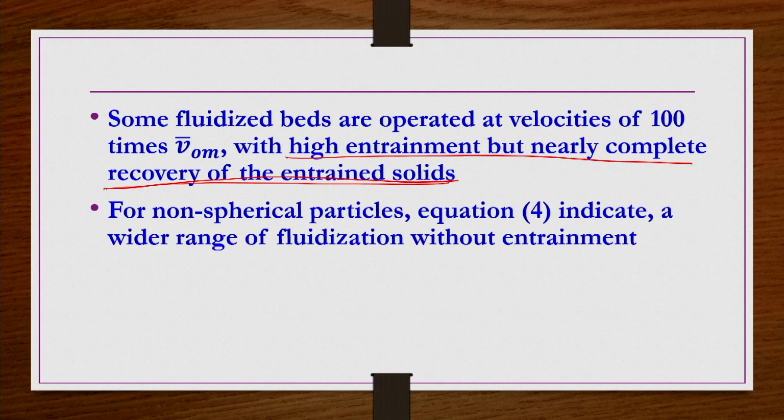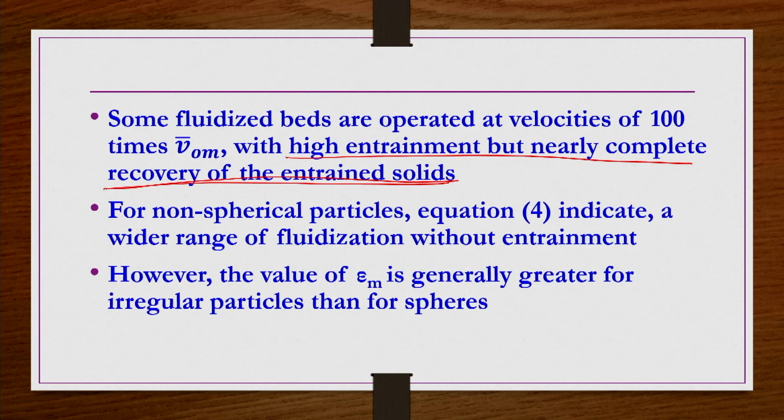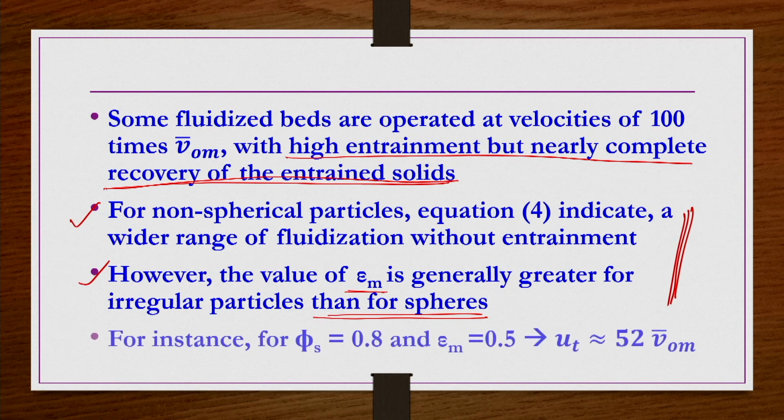For non-spherical particles, equation 4 that we developed indicated a wider range of fluidization without any entrainment. However, the value of epsilon m is generally greater for irregular particles than for spheres. These two points are in general from experimental observations.